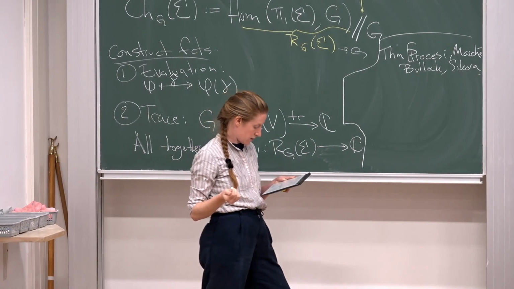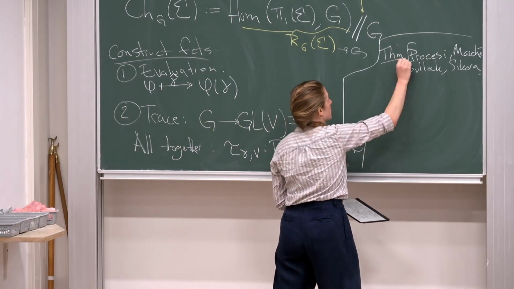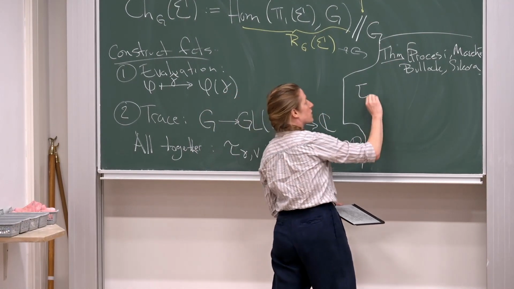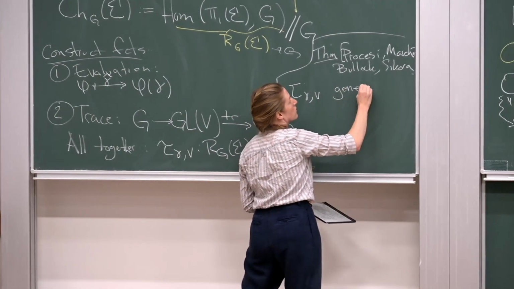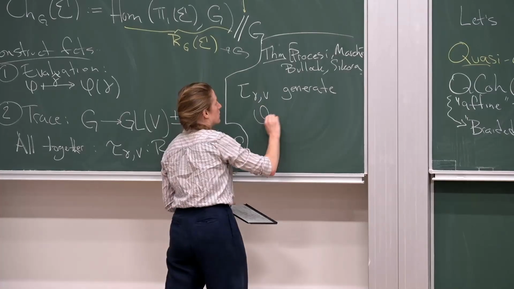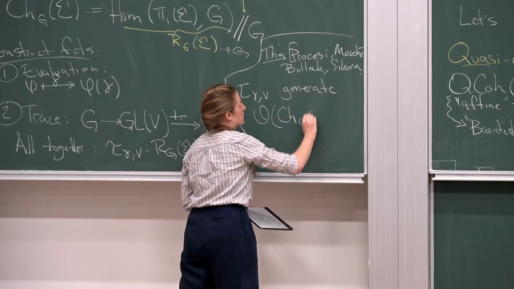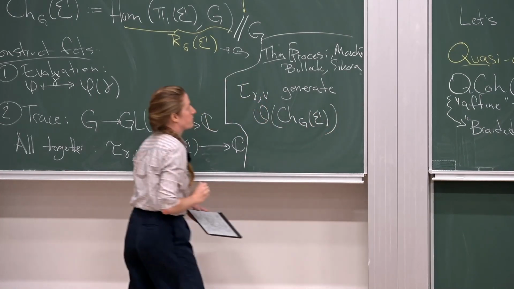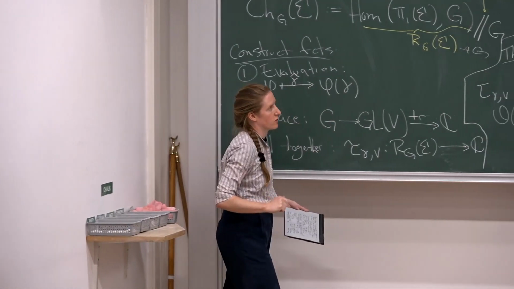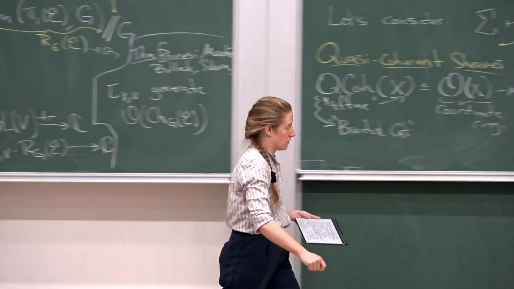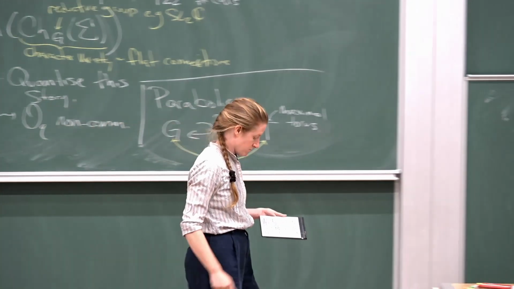Okay. It says that if I take this set of functions, tau gamma v, these generate this ring of functions. Which is to say, all I need to do is first evaluate and then take a trace.